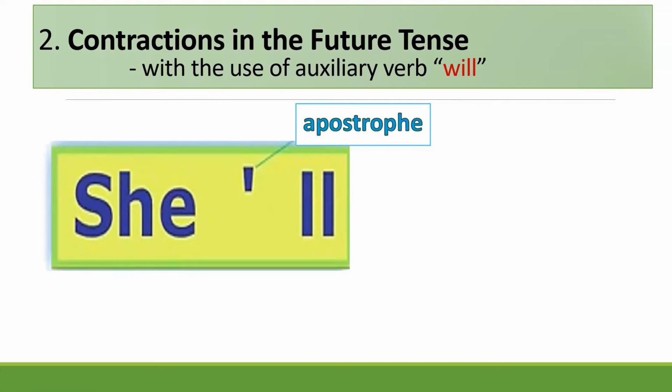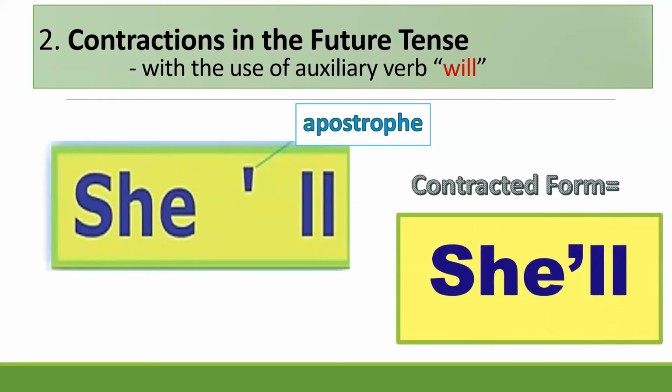Then we put this together, or condense the words into one word. So the contracted form of she will now becomes she'll.